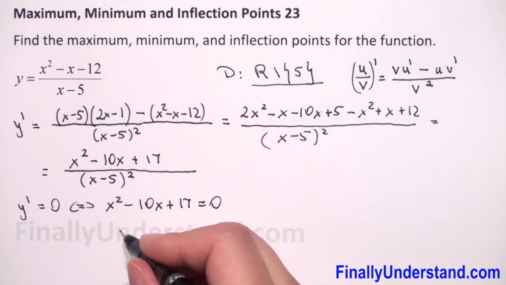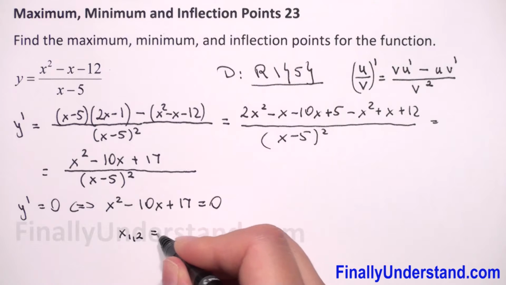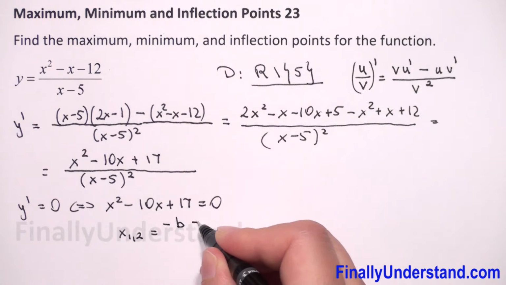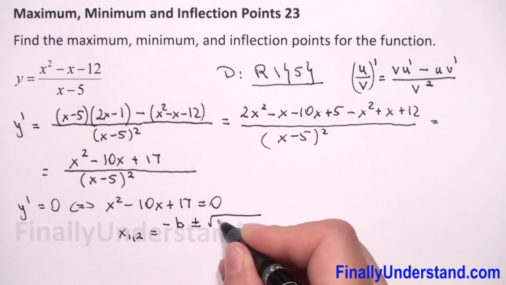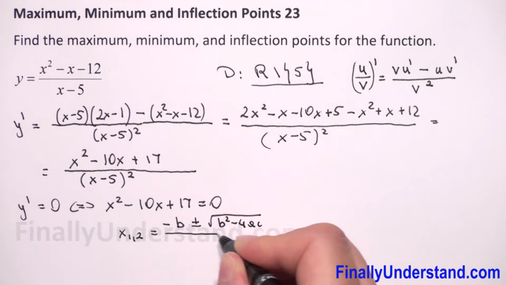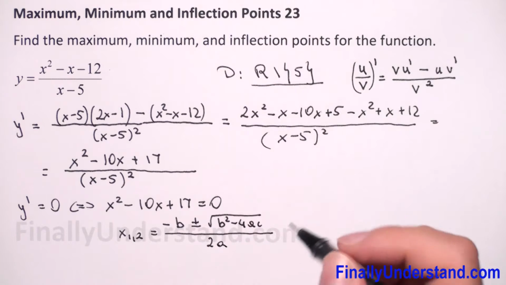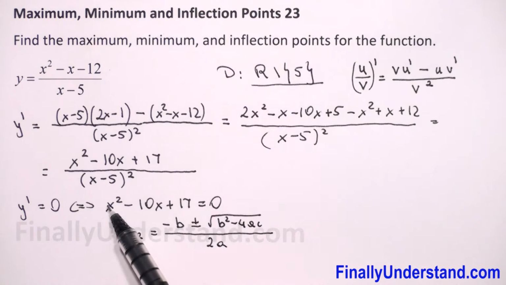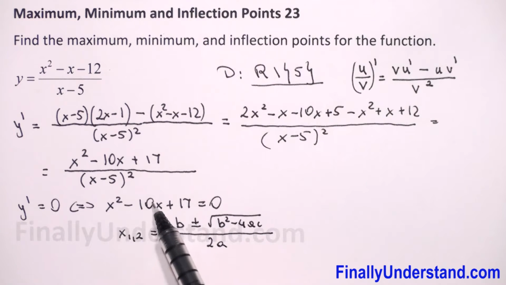We will use the formula x1,2 is equal to minus b plus or minus the square root of b squared minus 4ac, over 2a. We know that a is the coefficient before x squared, b is the coefficient before x, and c is our constant.